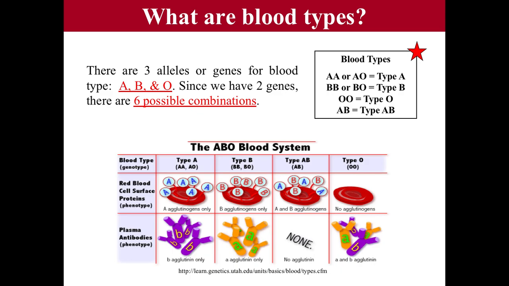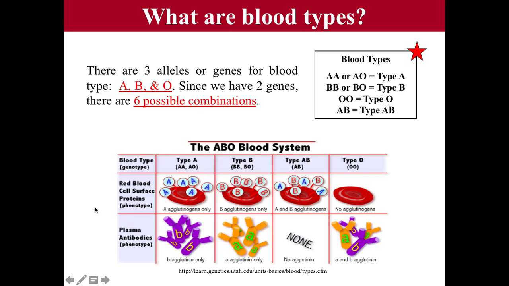So remember, these genes come from your parents. Each one of you has 2 genes which result in one of these 4 blood types. Now, this picture down below, we are going to be looking at over and over again, but I mentioned before the antigens are on the surface of the red blood cell, and they determine your blood type.